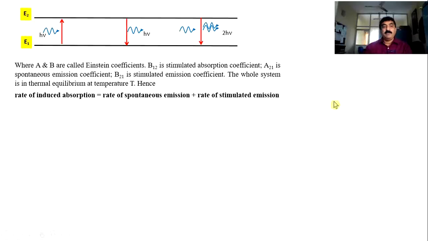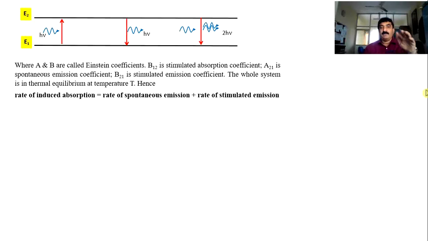Next, coming back to spontaneous absorption. See, if you have more number of atoms, there will be more absorption. And also, if the incident energy is more, there is more absorption. Therefore, I can say the induced absorption or spontaneous absorption is directly proportional to the number of atoms in the ground state, I call it N1, and the incident energy.